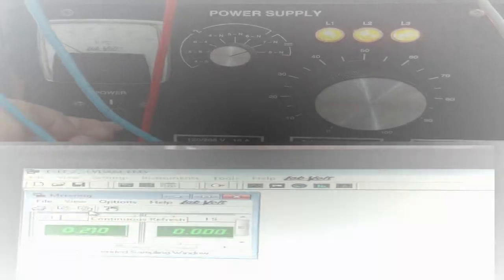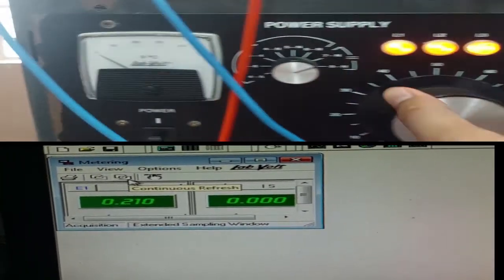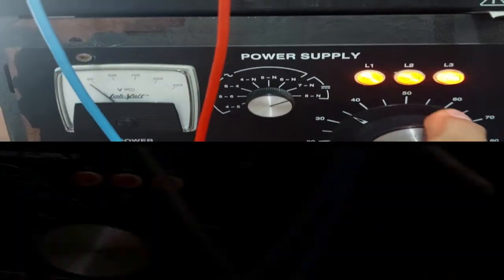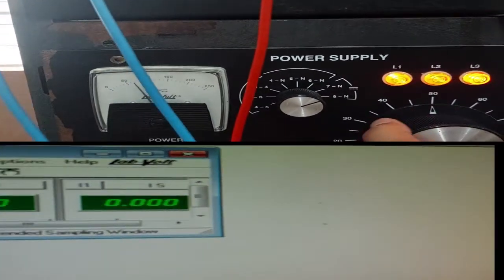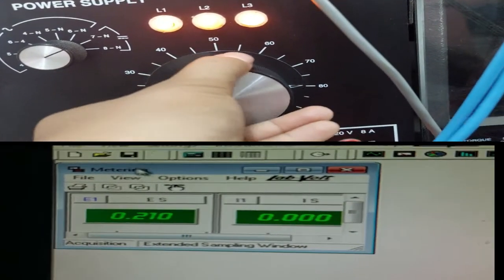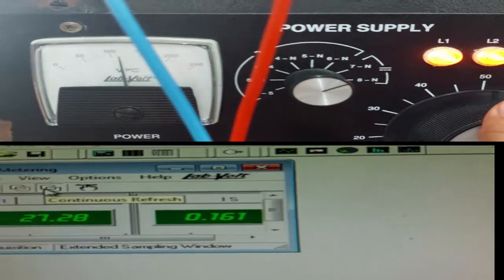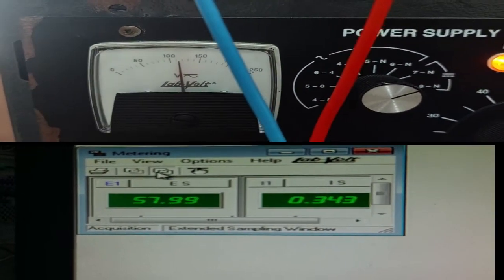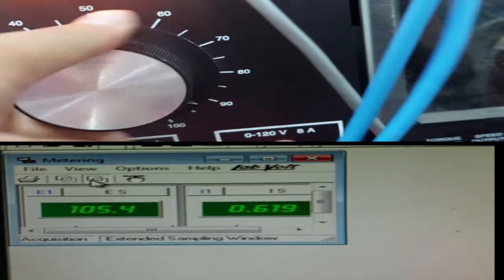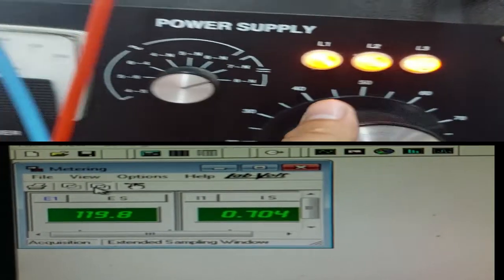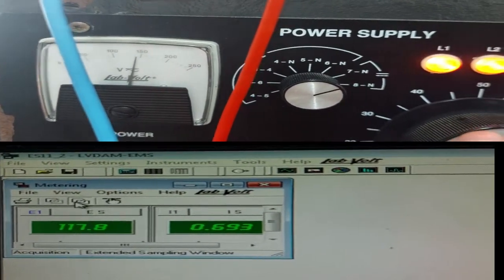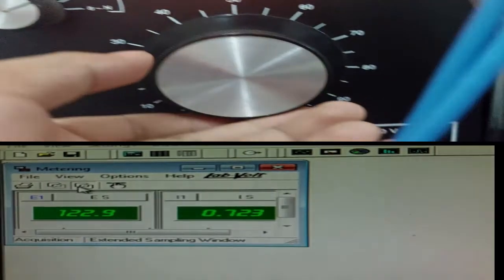So as you can see, the metering application will be paused, wherein we will have our voltage and current entering our load. Note, use these values in solving the value of your resistance, wherein V is equal to IR. So manipulate the equation into R is equal to V over I.